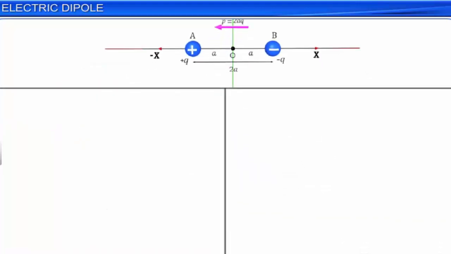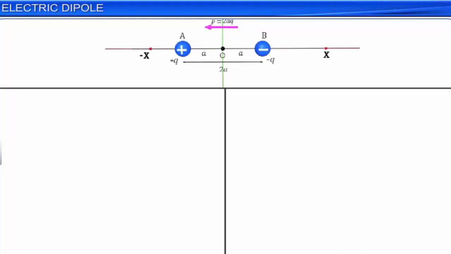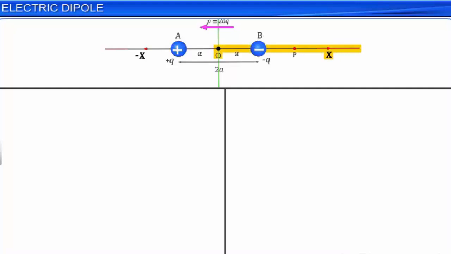Let us now obtain the electric field strength E at a point P on the axis of the electric dipole, which is at a distance x from the midpoint O of the dipole. The magnitude of electric field strength E due to a charge q at a distance r from it is given by E equal to 1 by 4 pi epsilon naught into q by r square.